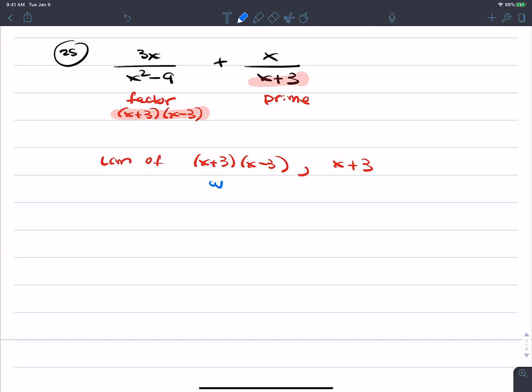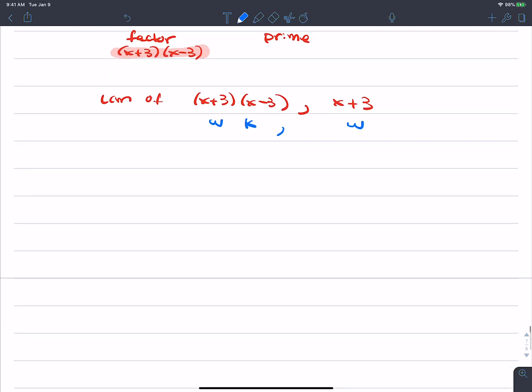Since x plus 3 is not factorable, you can call it w. Here's the same prime w again. And we have x minus 3, that's another prime, we can call that one k. So we're really trying to find the LCM of wk and w.